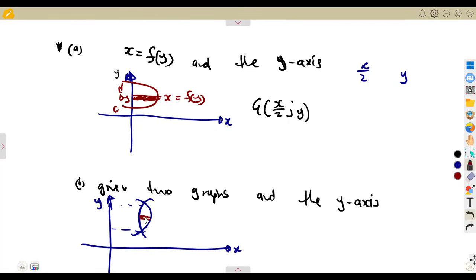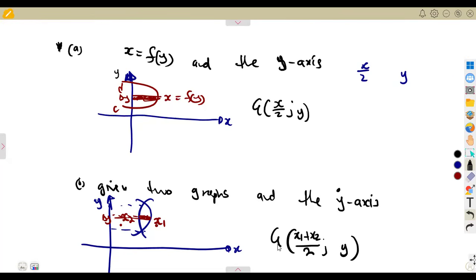So we still have the strip for y. So our G, just like the previous case, was supposed to be x over 2 because you're considering y. Y is not affected. Y is going to remain as it is. But x is the one that is affected. We've got x1, which is the top part, and also x2. So it's going to be x1 plus x2 over 2. That is what you're going to use in place of r.